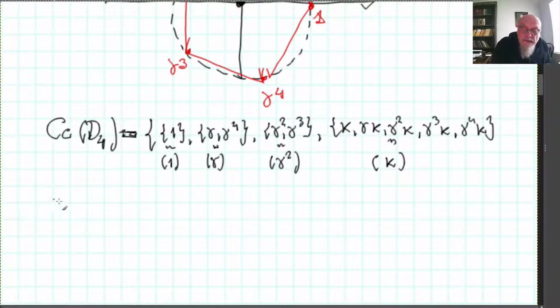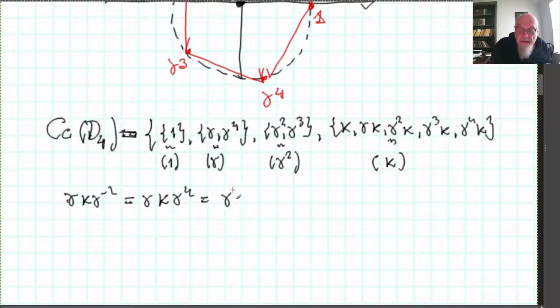The set, which is in our case the conjugacy class of kappa. And now, as I indicated, gamma kappa gamma minus 1, which is equal to gamma kappa gamma 4, which is equal to gamma squared kappa. That implies that gamma squared kappa belongs to the class of kappa.